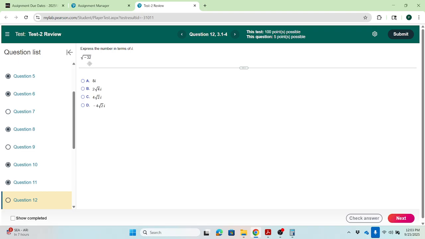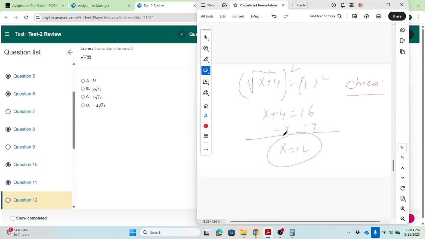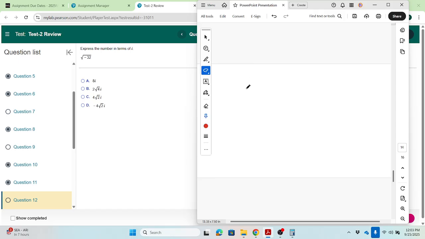Square root of negative 32, this is the first problem I think we did. Square root of negative 32 can be written as square root of negative 1 times the square root of 32. This is i, so it's i times square root of 32. If you want to simplify square root of 32, 32 is 2 times 2 times 2 times 2 times 2.